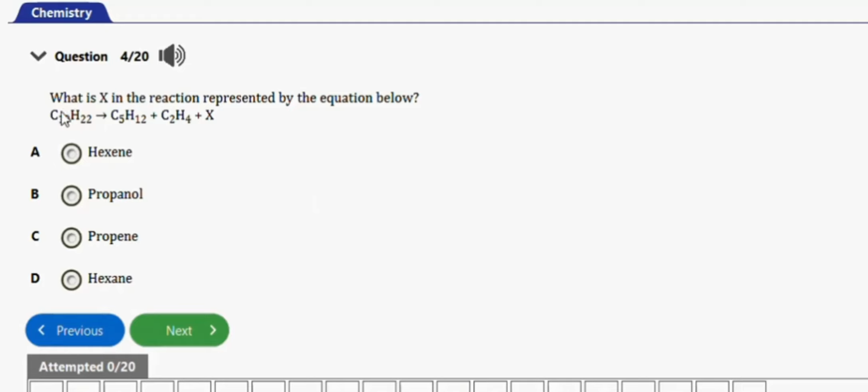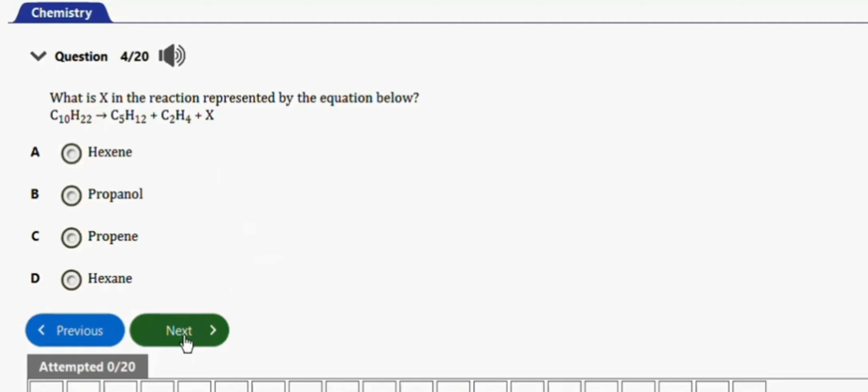When this hydrocarbon decomposes, this is decaying, you're going to get propane as the value of X. All right, so that's it for this question.